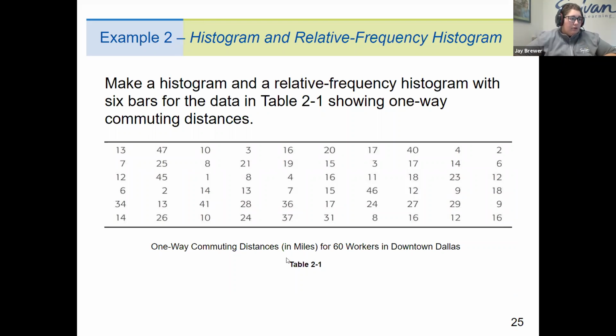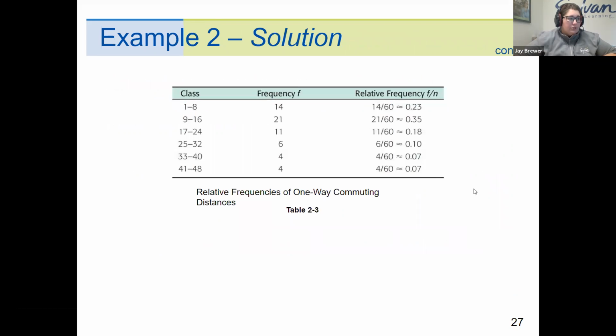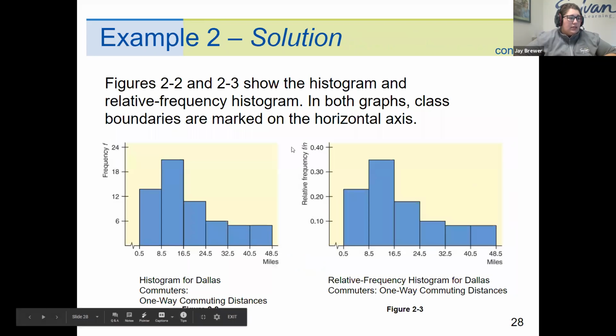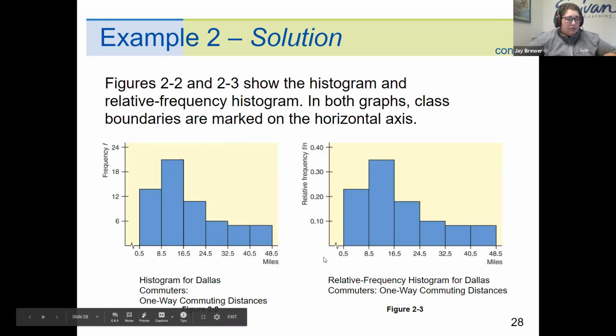So again, they're going to give us the commuters to the downtown Dallas area. They're just re-giving us the table. And then here you'll see that they did the frequency histogram based on the frequency table and the relative frequency histogram based on that extra column. Okay.